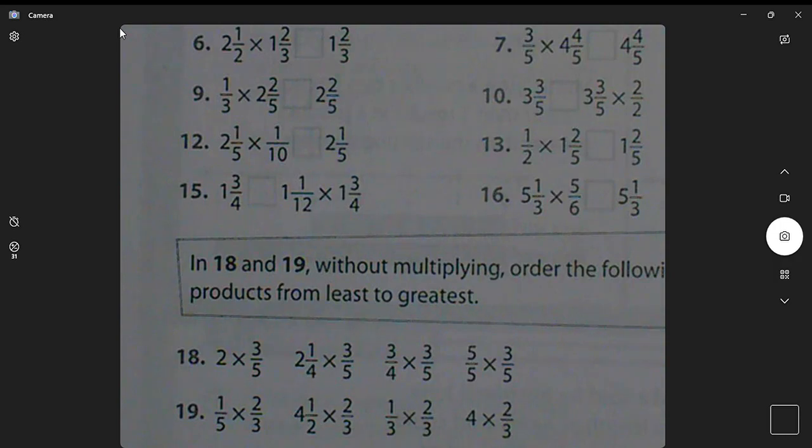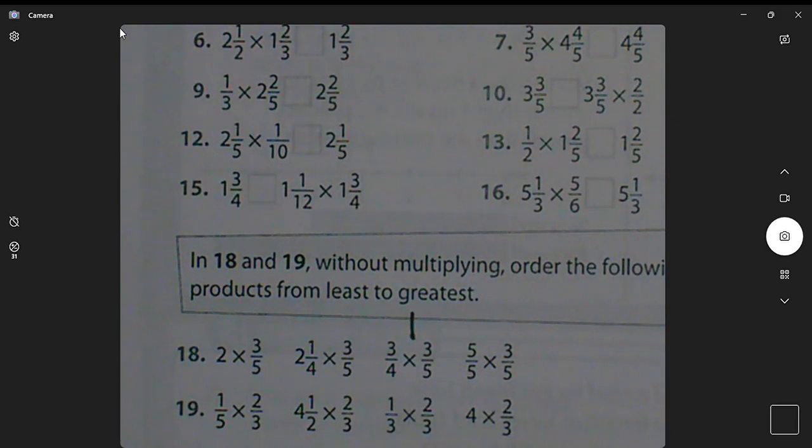So my product is going to be less than my starting fraction. Which one's going to be the next smallest, the next least? 1, 2, or 4? 4.